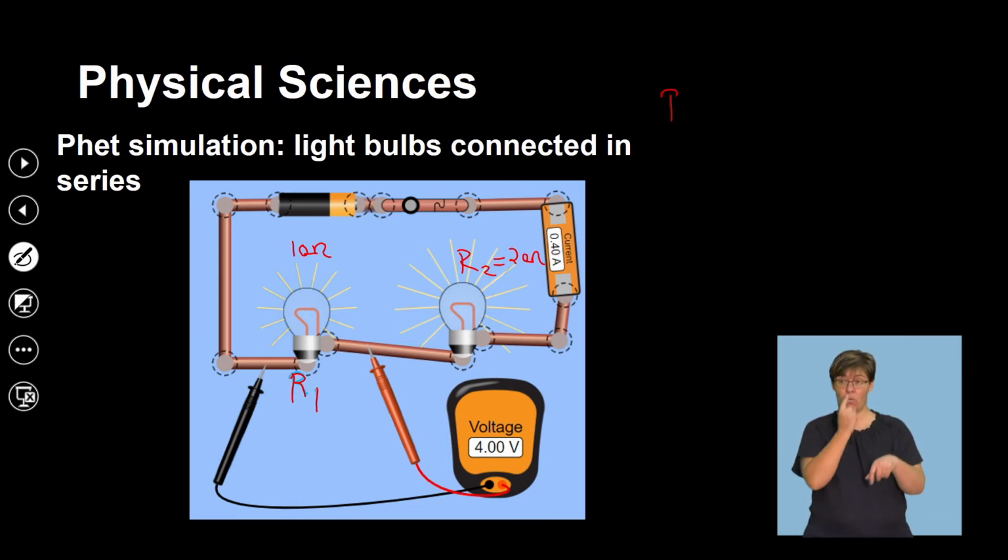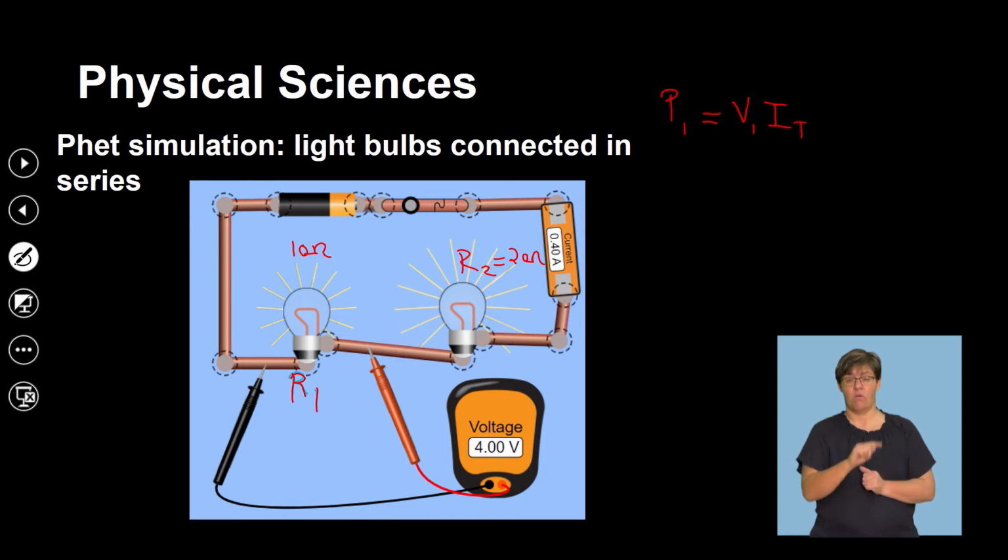So P1, which is the power for R1, is equal to the voltage for R1, which is 4 volts, as it has been measured there, multiplied by the total current, because all the current passes through the 10 ohm resistor. So P1 is equal to 4 volts multiplied by 0.4 amperes.